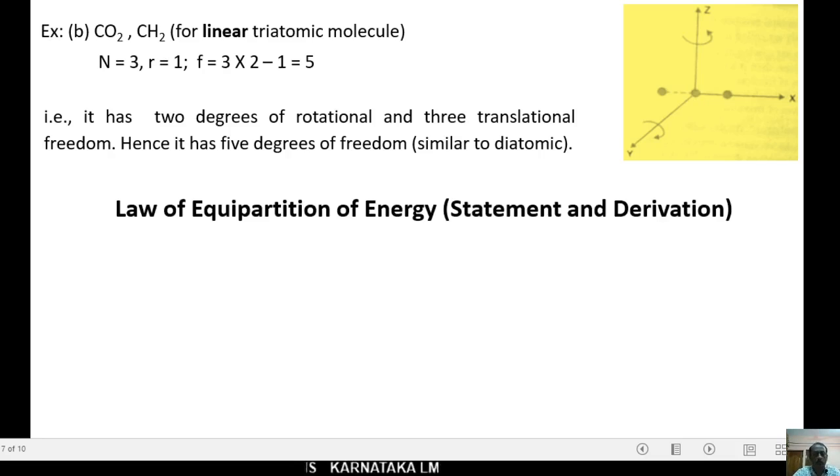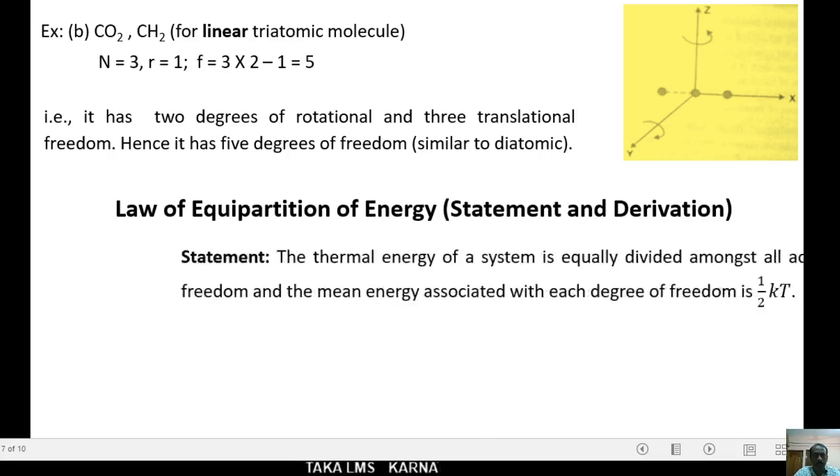Next we switch over to the law of equipartition of energy, that is, statement and derivation. Let us see the statement.